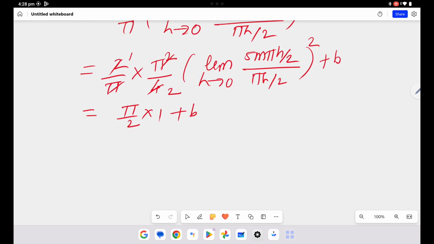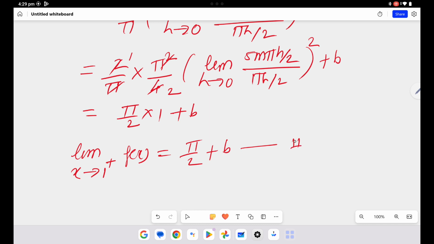Therefore the right hand limit, limit x tends to 1 from the right of f of x, is equal to pi by 2 into 1, pi by 2 plus b. This is equation number second.